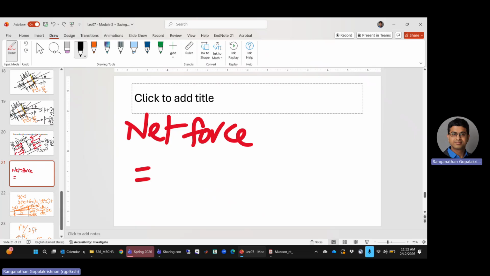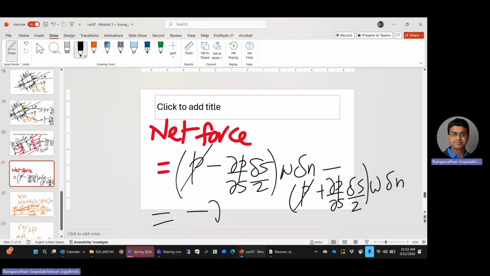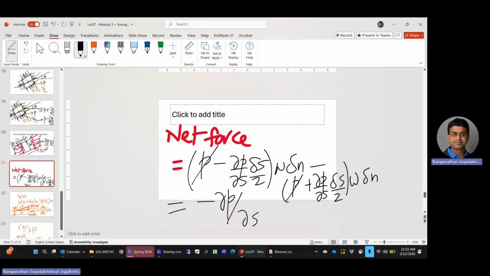W times delta N. Now this P will obviously cancel out. If you do the algebra, this P will cancel out. So what you're going to get is minus partial derivative with respect to S times delta S. Oh, sorry.